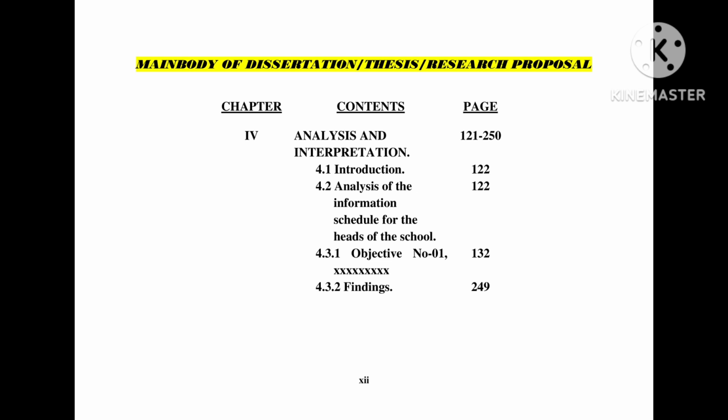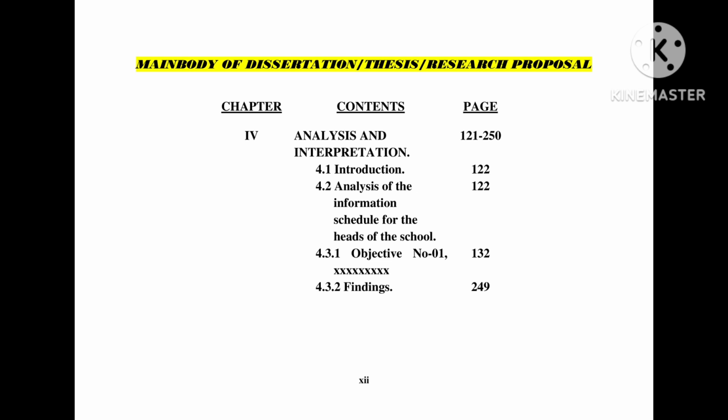Here also there are some important points like 4.1 introduction, 4.2 analysis of the information schedule, then 4.3 objectives, and under 4.3.2 findings. These are the ways of writing research. Here 4 is the chapter and 1 is the subpoint, and 4.1.1 in this also we can write as per our need or as per our study and headings.